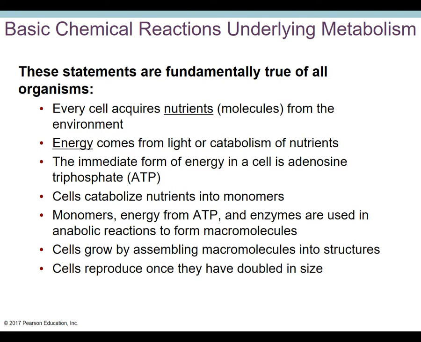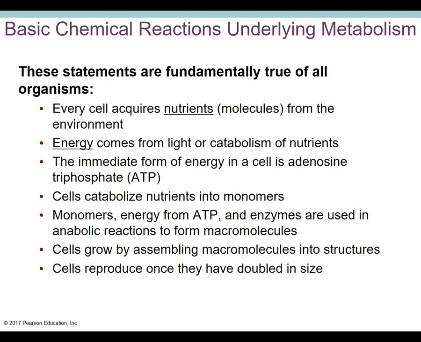The immediate form of energy that a cell wants to use is adenosine triphosphate, ATP. Although I should add that GTP is also an important form of energy in the cell, guanosine triphosphate. Cells catabolize nutrients into monomers, so that's usually called hydrolysis.